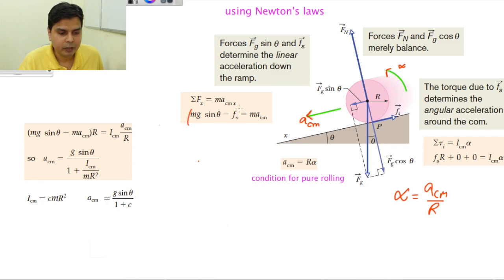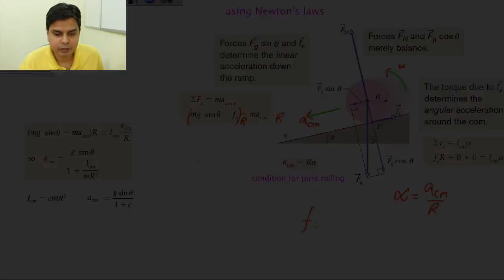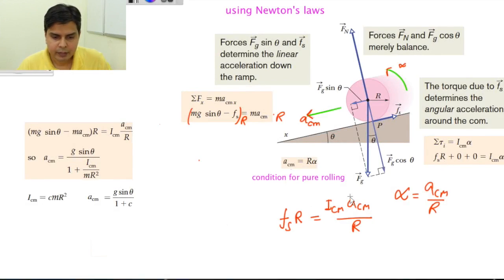I can multiply the first equation by R, and I will get mg sin theta R minus m A_CM R equal to Fs R. Now, Fs R is equal to I_CM A_CM by R, because alpha is equal to A_CM by R. I substitute this, so I will get m A_CM R equal to I_CM A_CM by R. This is nothing but simple algebra, because we have two equations and two unknowns.